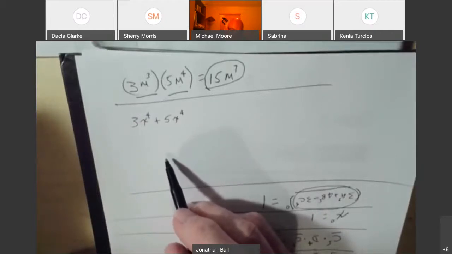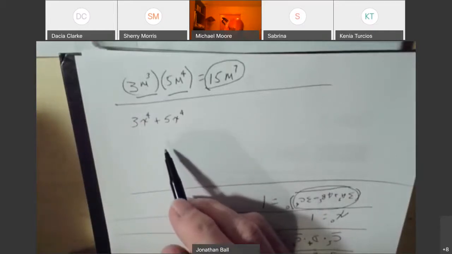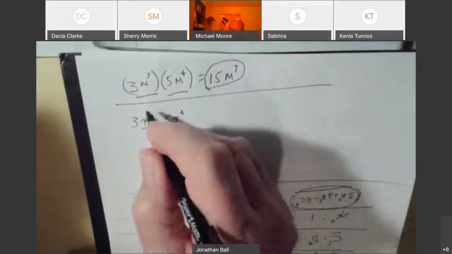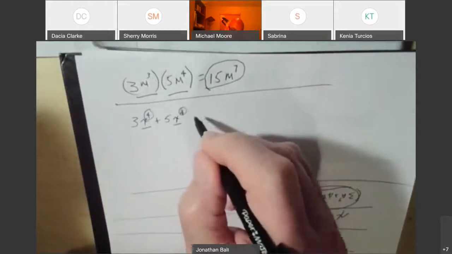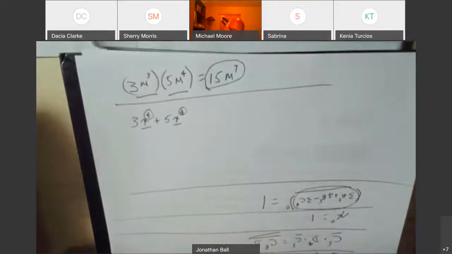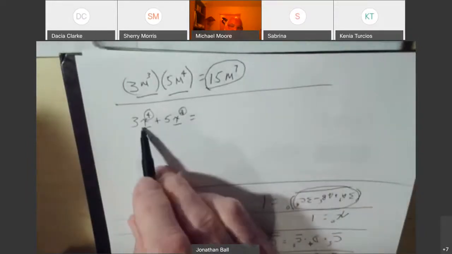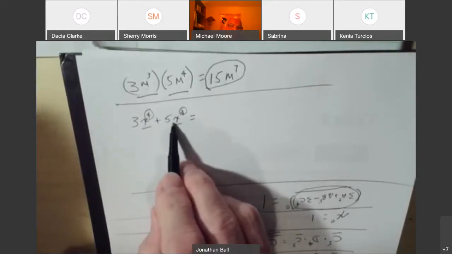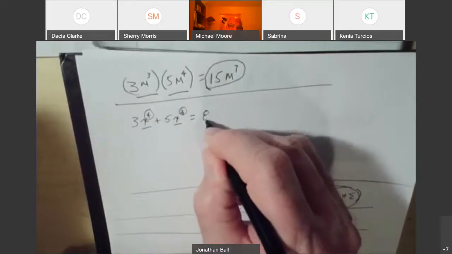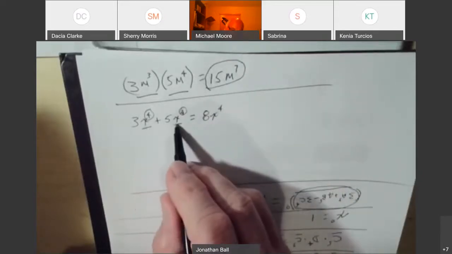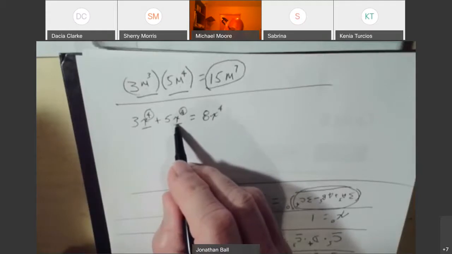Are they alike? Yes. They have the same base number, and they have the same exponent. So this is 3x's to the fourth and 5x's to the fourth. That's 8x to the fourth.